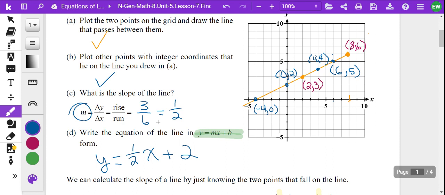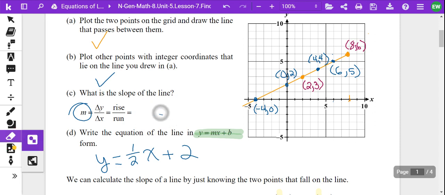Then we went in and we found the slope of the line. It was the change in y over the change in x. So to determine that, we got 3 over 6, but how did we find 3 over 6? Well, we took the original 2 points, and I'm going to erase this. You don't have to erase this on your paper.